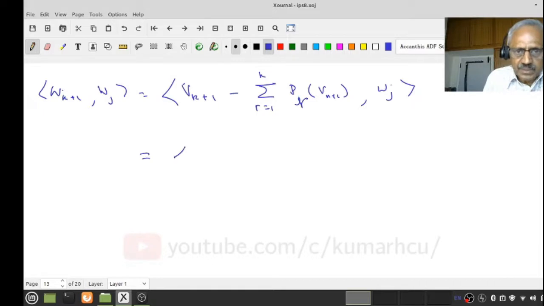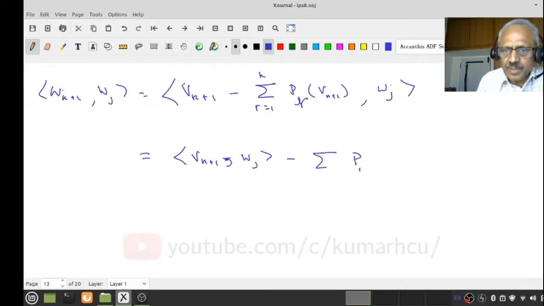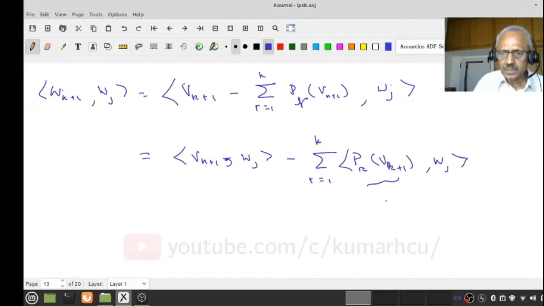But what is this? This is the inner product of vk plus 1 with wj minus, do you remember my trick? Think of this as an ordinary product, the sum over r equal to 1 to k of pr of vk plus 1, with wj. Now notice that each pr is a multiple of wr, therefore some multiple times the inner product of wr and wj. Then only one thing survives, r is a running variable. Unless r equals j, some scalar multiple of the inner product of wr and wj will be 0.